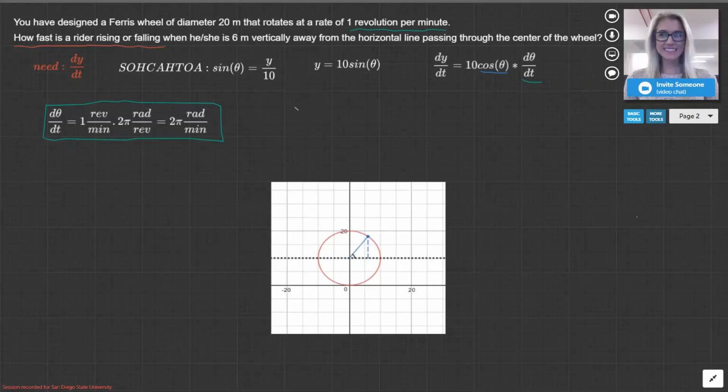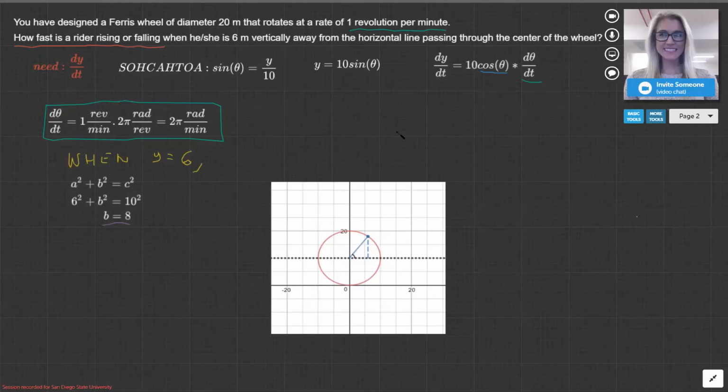So they give us that it rotates at 1 revolution per minute. So using basic cross multiplication, we can get rid of revolutions and change it to radians per minute just by multiplying by 2 pi. And so this is actually our d theta over dt, which is 2 pi radians per minute.